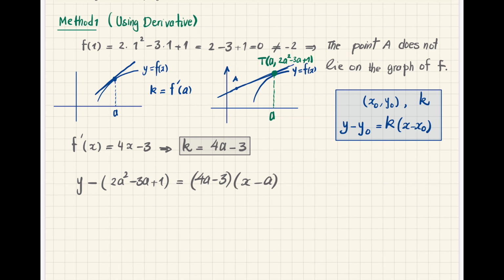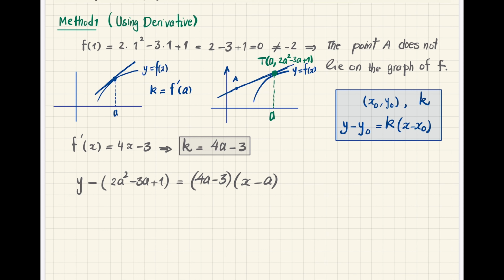So I am momentarily forgetting about this point. I'm pretending that I have this point of tangency, and I am writing everything based on the information that I have here. Of course, I cannot say that this is an equation for the tangent line, because if you ask me what a is, I don't know yet. So my goal now is to find this value for a.